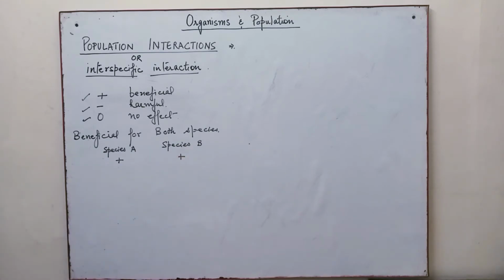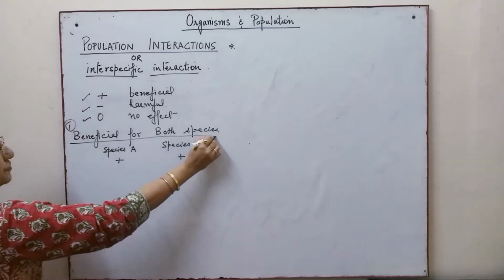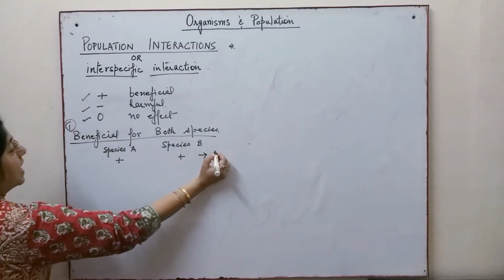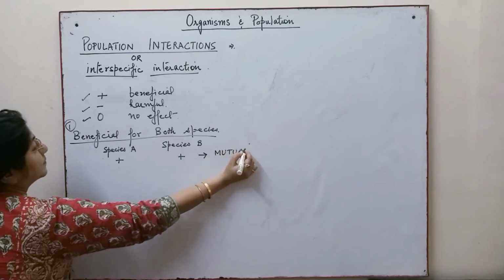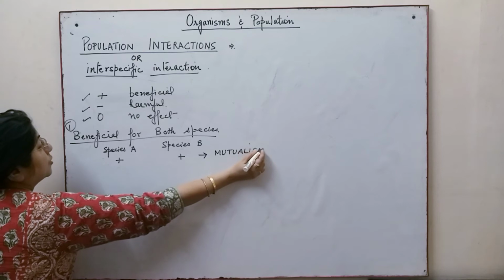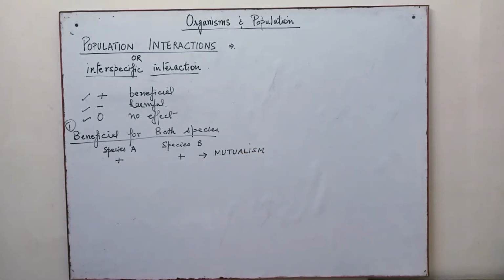Such a type of interaction in which both the species are benefited is known as mutualism. So here both the species will be benefited from each other. We can understand it by an example.